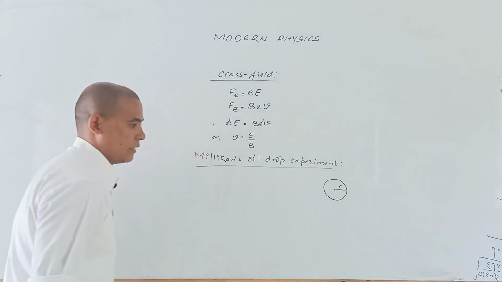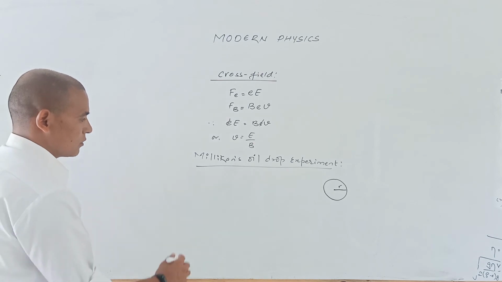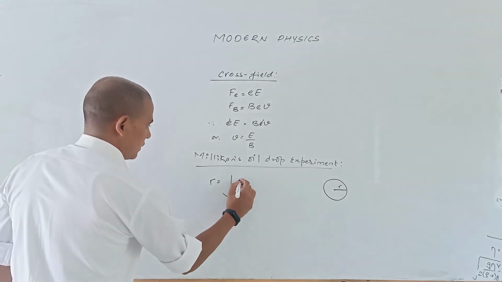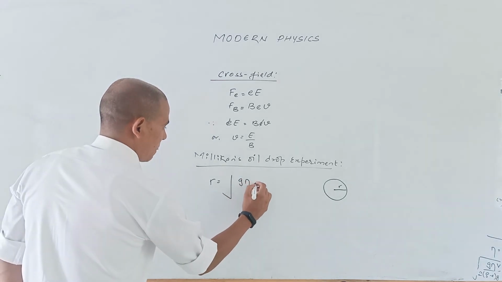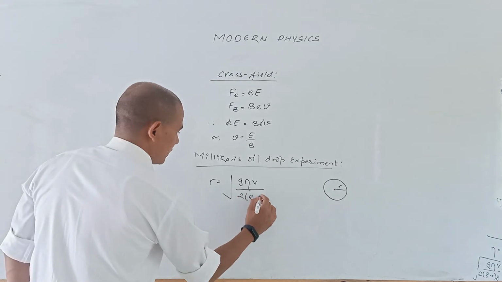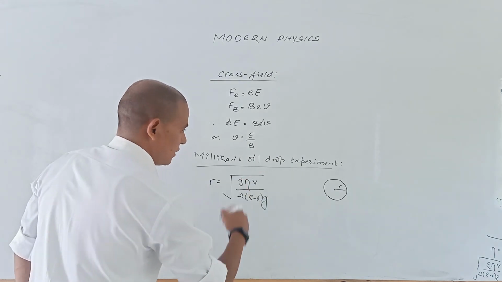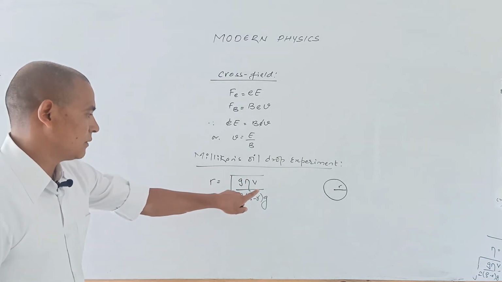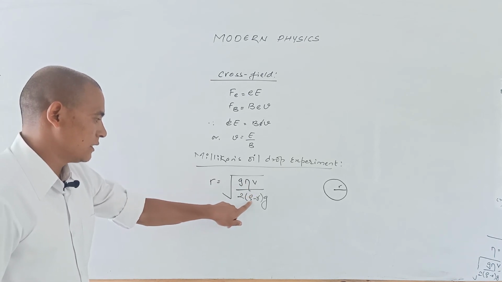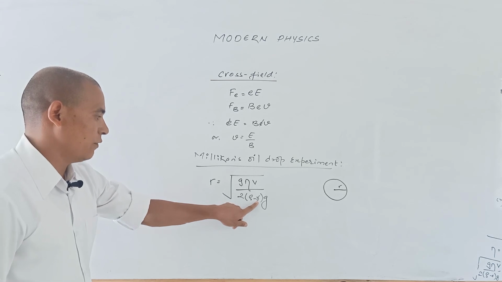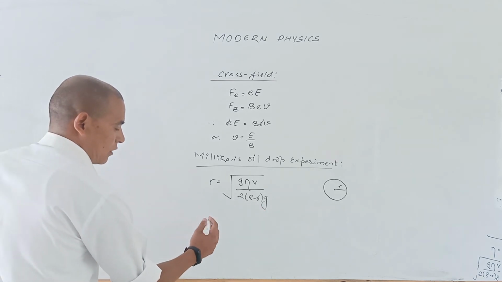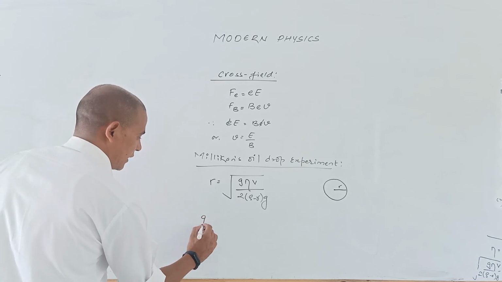If r is the radius of the oil drop, it is given as the root under 9 eta v divided by 2 rho minus sigma g. Here v is the terminal velocity, eta the coefficient of viscosity, rho the density of oil, sigma the density of the liquid, and g the acceleration due to gravity. Again, we can also find the charge of an electron.